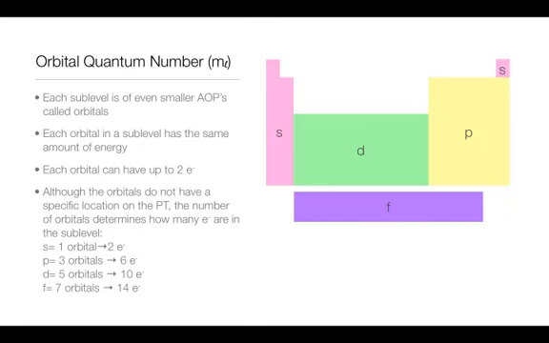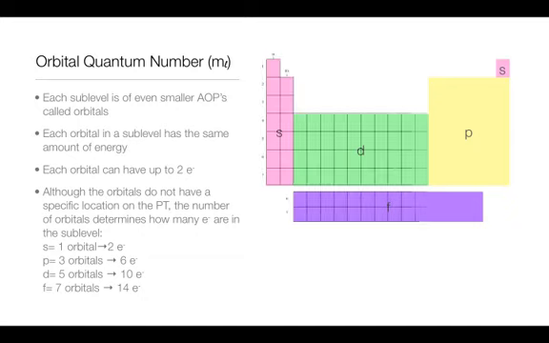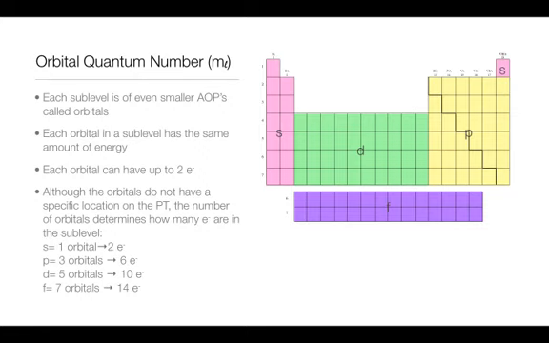For example, the S sublevel has one orbital associated with it. Since each orbital can only hold 2 electrons, the S sublevel has 2 electrons total. That's why on the periodic table, the S sublevel is represented by only 2 columns. The helium would be included as that second column.